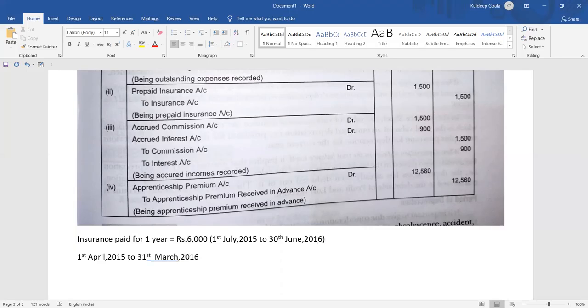We are preparing our accounts on 31st March 2016 and we have paid the insurance up to 30th June 2016. So we will count up to March.